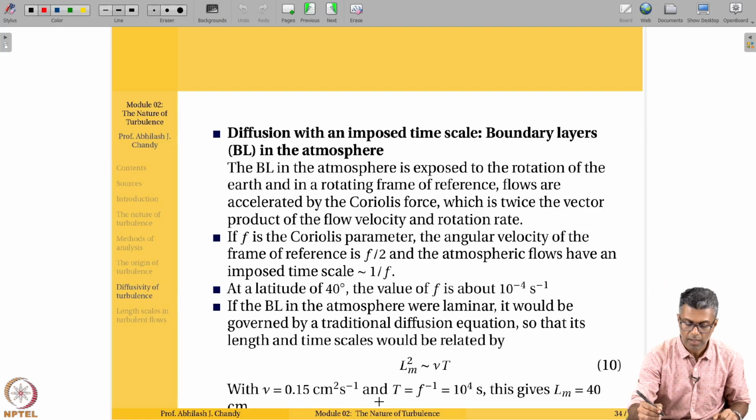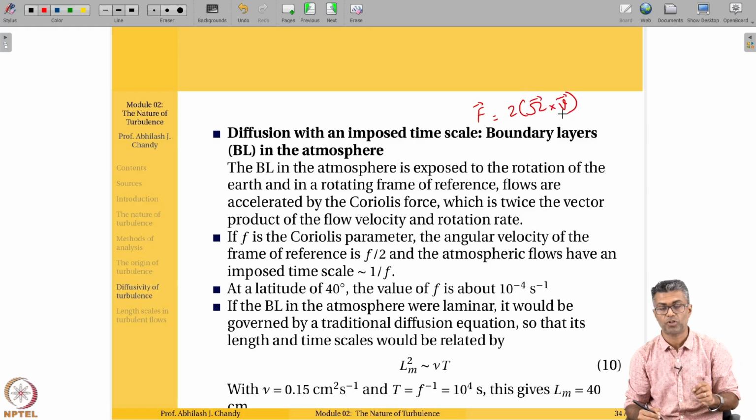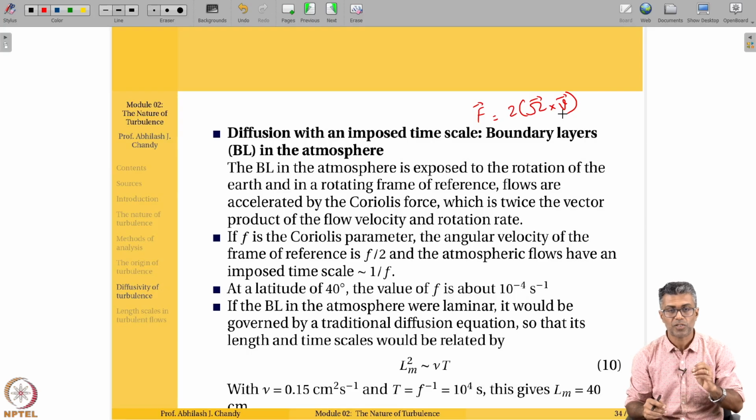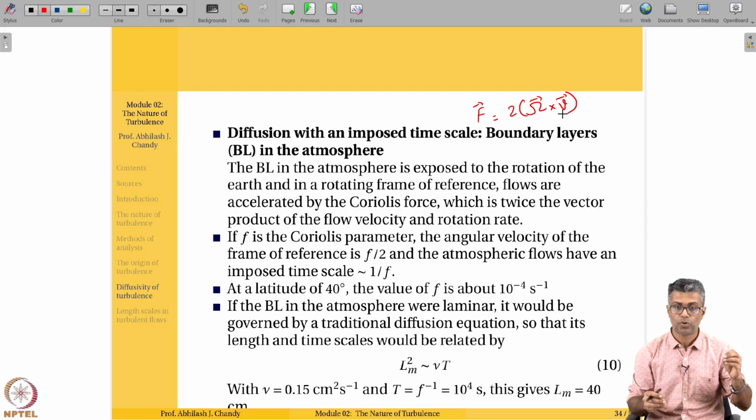So essentially, the Coriolis force F is twice the vector product, let's call that omega cross V. Omega is the rotation rate and V is the velocity. Although that is not of our concern right now, you just need to understand for now that is where the Coriolis force is coming from.